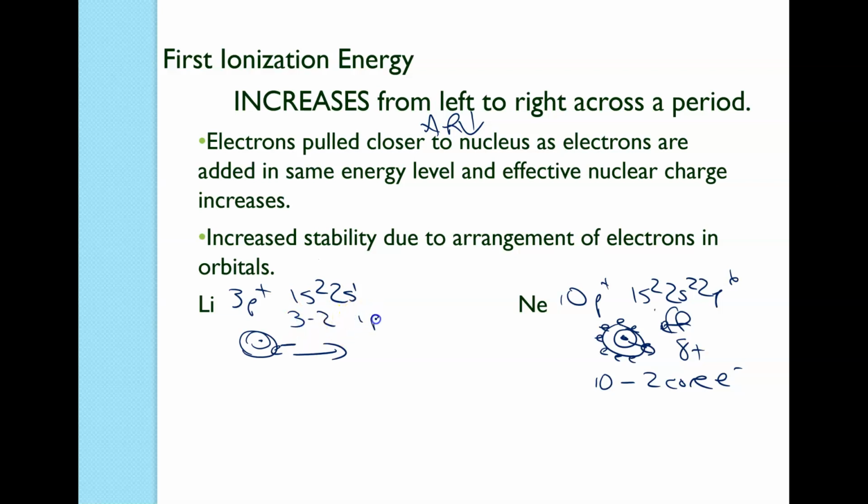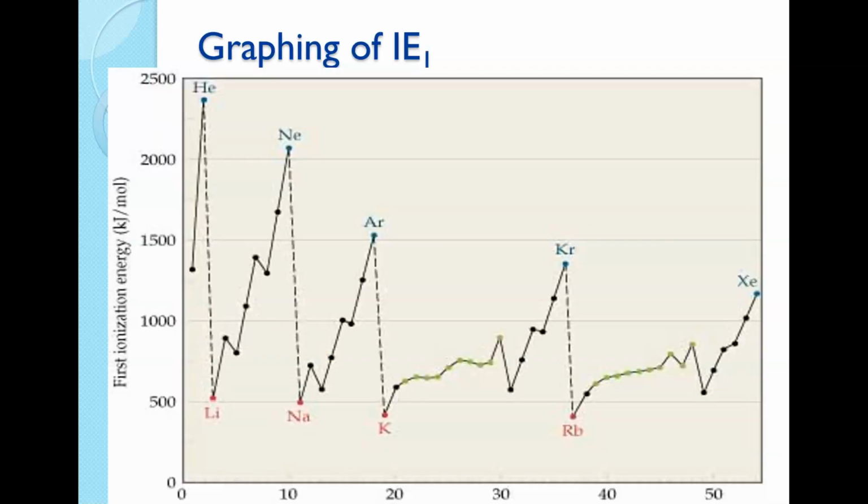It's only 1. Okay, and so it's much easier to remove that electron than it is in neon. It also has to do with the fact that this is a completely filled orbital. But the overwhelming reason is because of the effective nuclear charge and the radius, not because of the stability. So if you notice, ionization energy increases across a row, left to right.